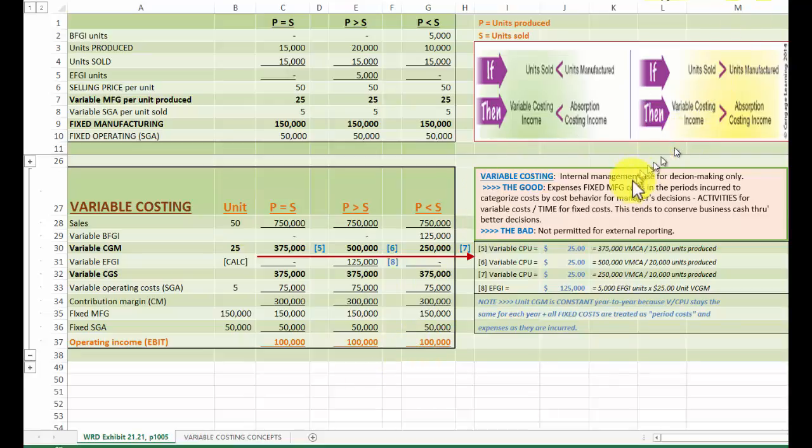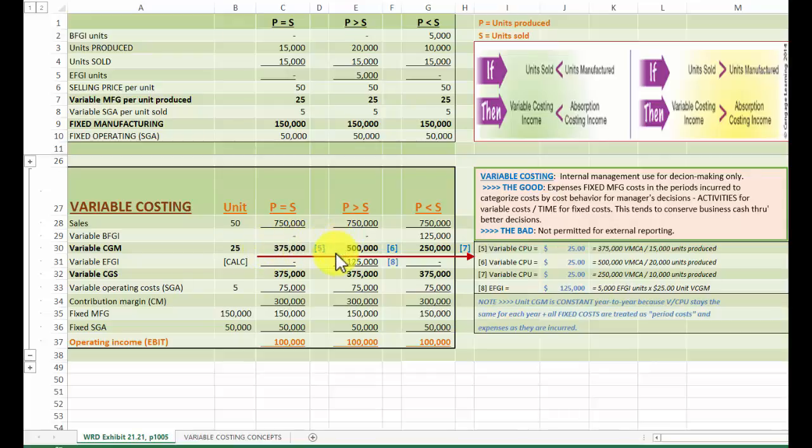Now let's take a look at the mechanics behind variable costing. Each year, sales would be 15,000 units at $50 a unit, or $750,000 in total. Variable costing inventories, or capitalizes, only the variable manufacturing costs. So for the first year, there would be 15,000 units produced times $25 per unit, or $375,000 of variable manufacturing.